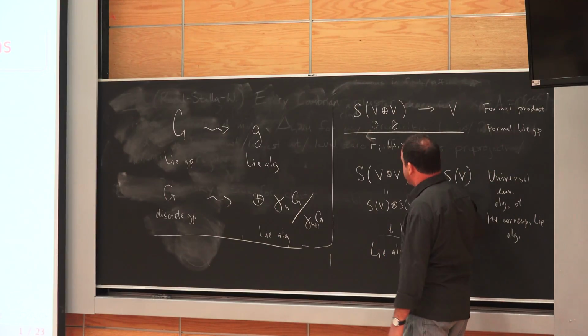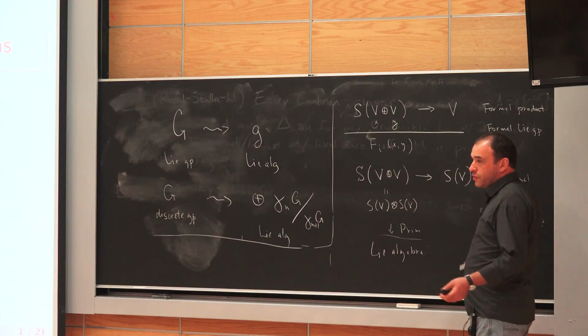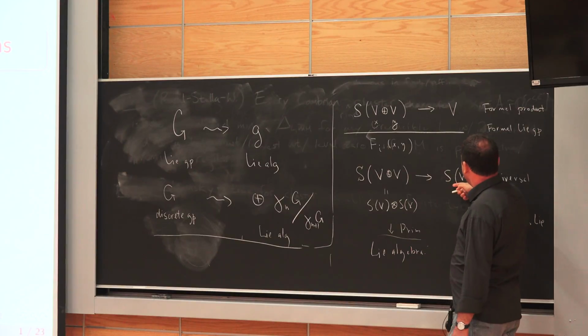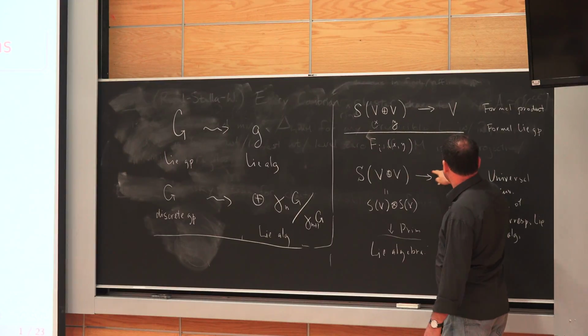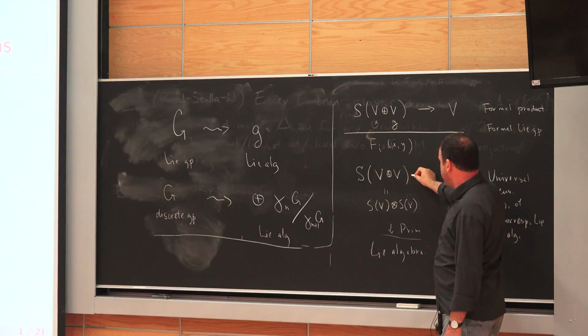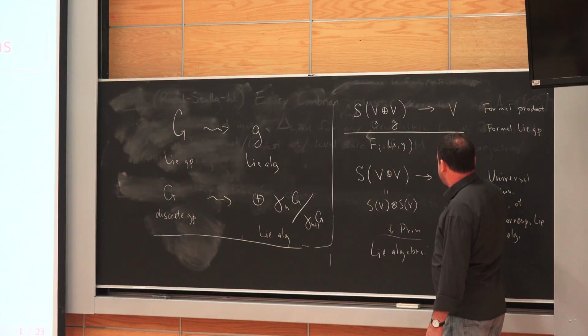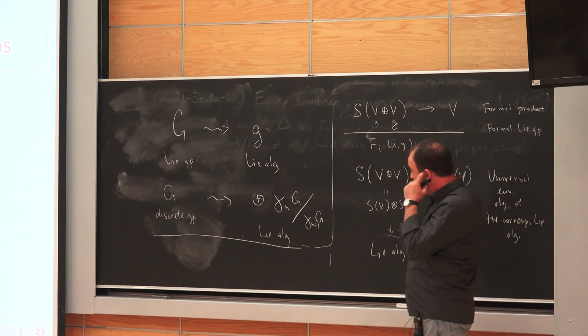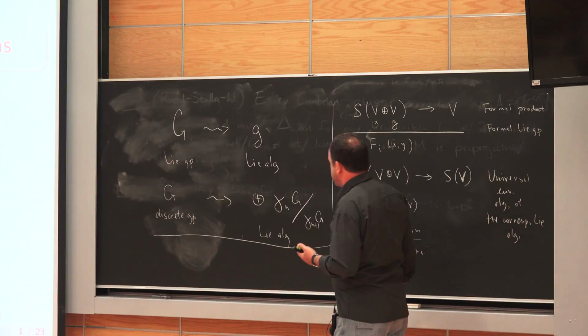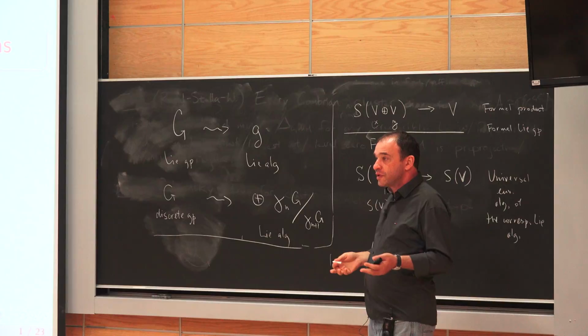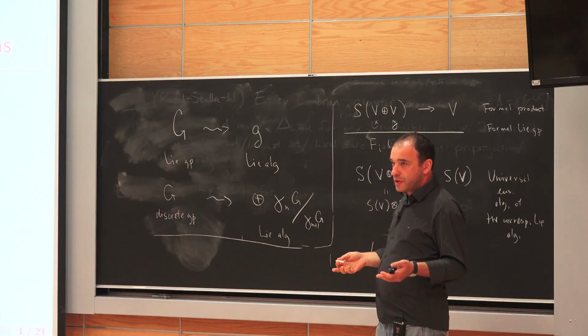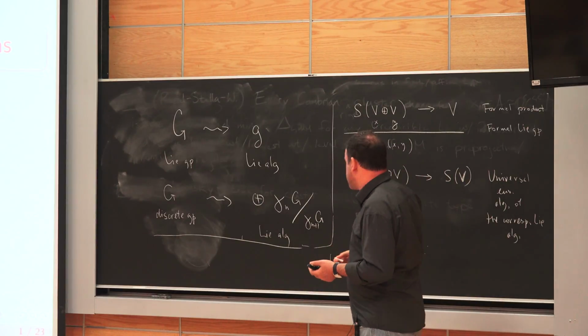You take its universal enveloping algebra in whatever category you're working, and then you just project this algebra map onto V, onto the space of primitive elements. This is how integration works, and in many contexts, really formal integration is not a problem at all.